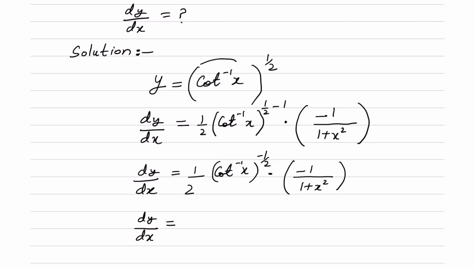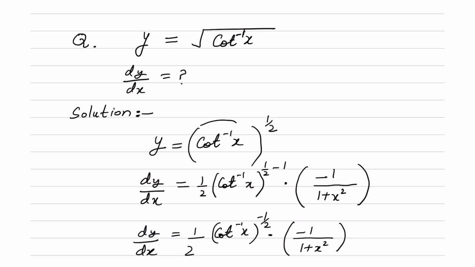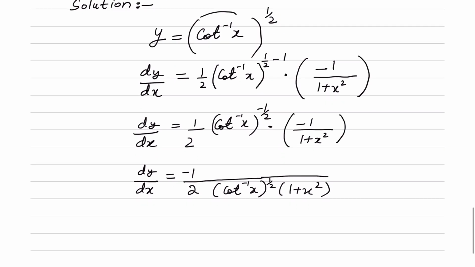Then we have dy by dx equal to minus 1 over 2 cot inverse x to the power 1 by 2 multiplied by 1 plus x square. So that's the derivative of the expression y, which is square root cot inverse x.